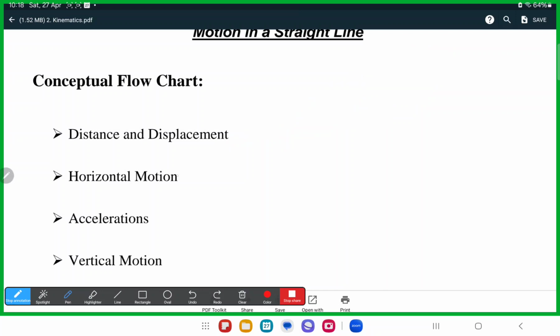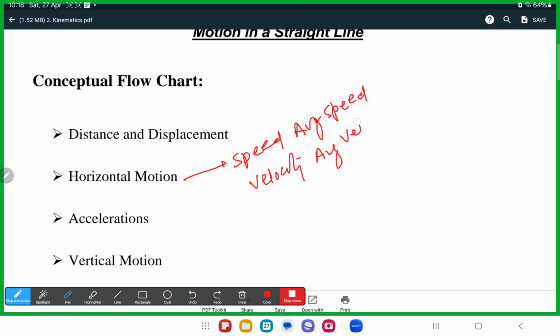Now, once we are talking about horizontal motion, there are so many questions that will be drafted. Like, what is speed, then average speed, velocity, average velocity, then next acceleration, average acceleration.